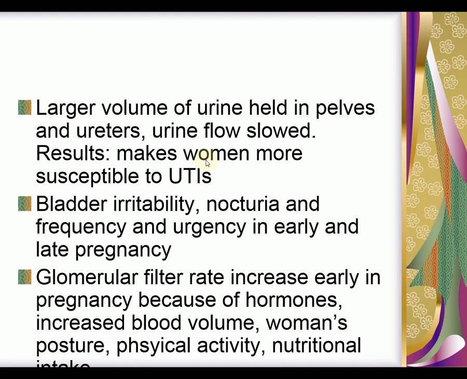But if they're not able to empty their bladder and urine backs up in the pelvis, in the kidneys, and backs up in the ureters because of the pregnancy, then these women need to be taught for sure the signs and symptoms of urinary tract infection. A lot of pregnant women don't realize they have a urinary tract infection until it turns into preterm labor.